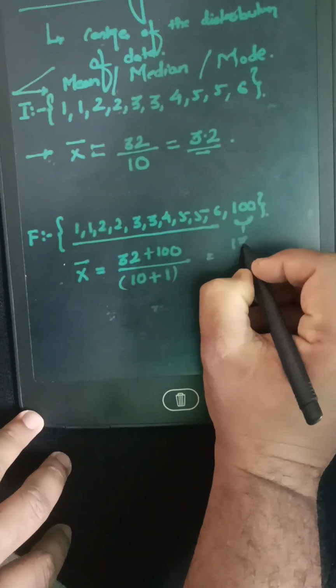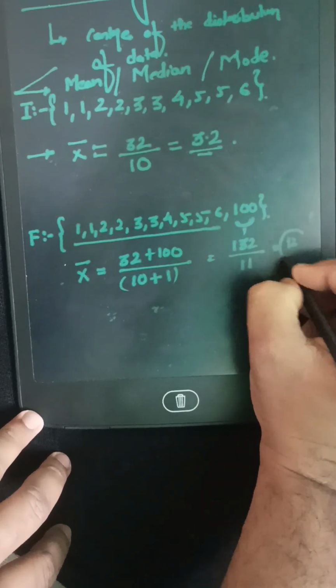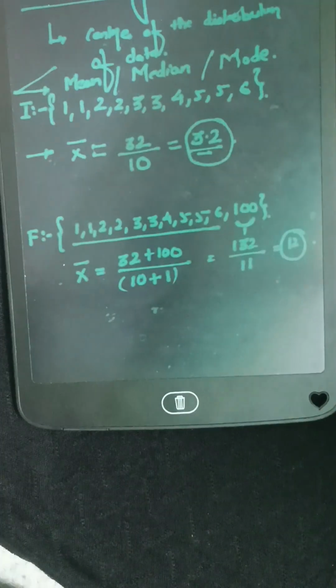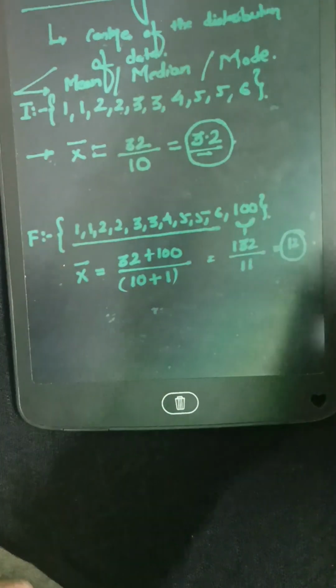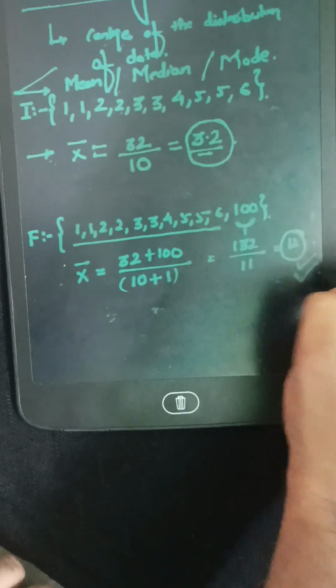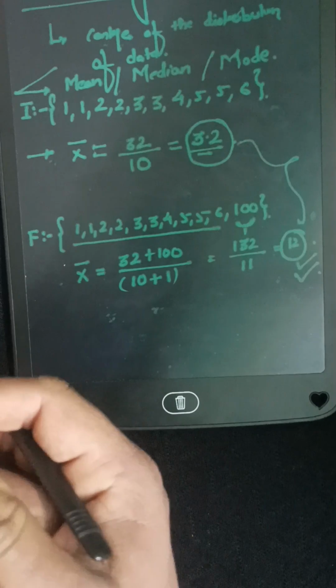This is 132 by 11, which comes out to be 12. So here we have a mean of 3.2, and in this data set a mean of 12. There we find a drastic difference in the mean.